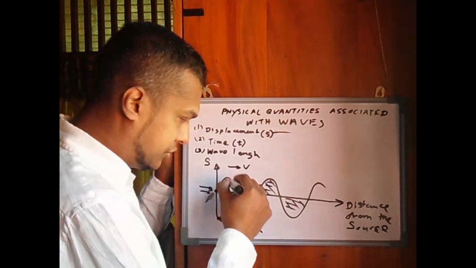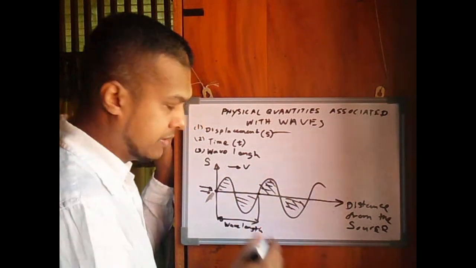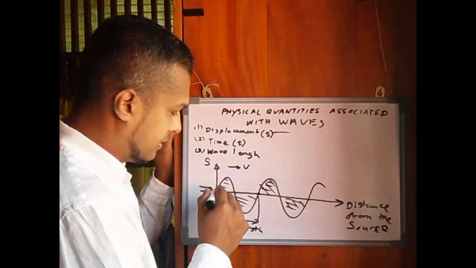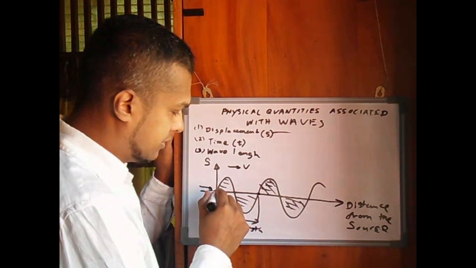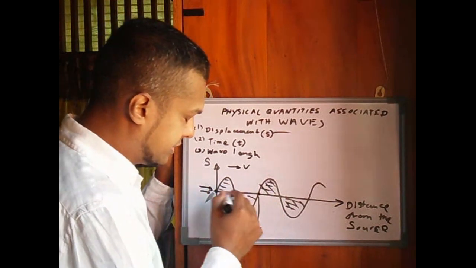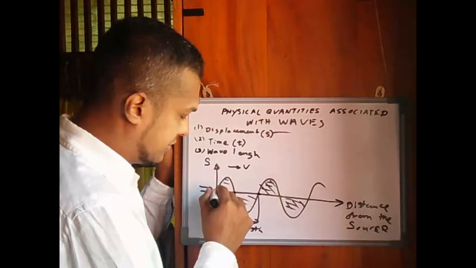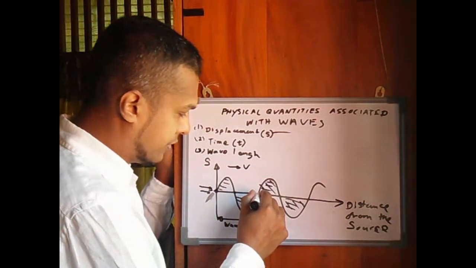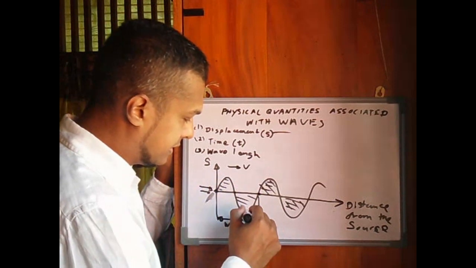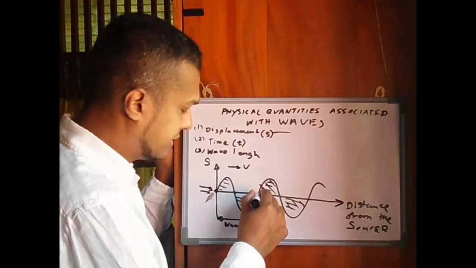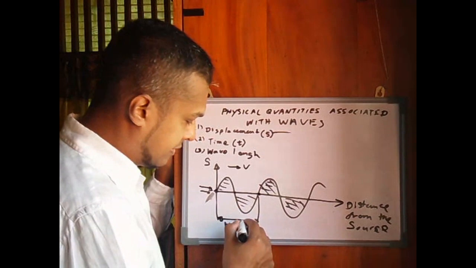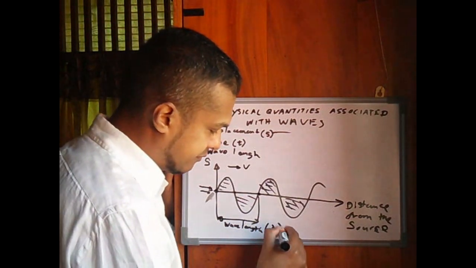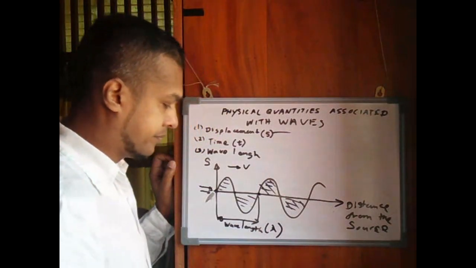If you measure the distance from the zero initial position, going to the maximum, then the negative maximum, and coming back to zero again, that is a wavelength, which in physics terms we call lambda.